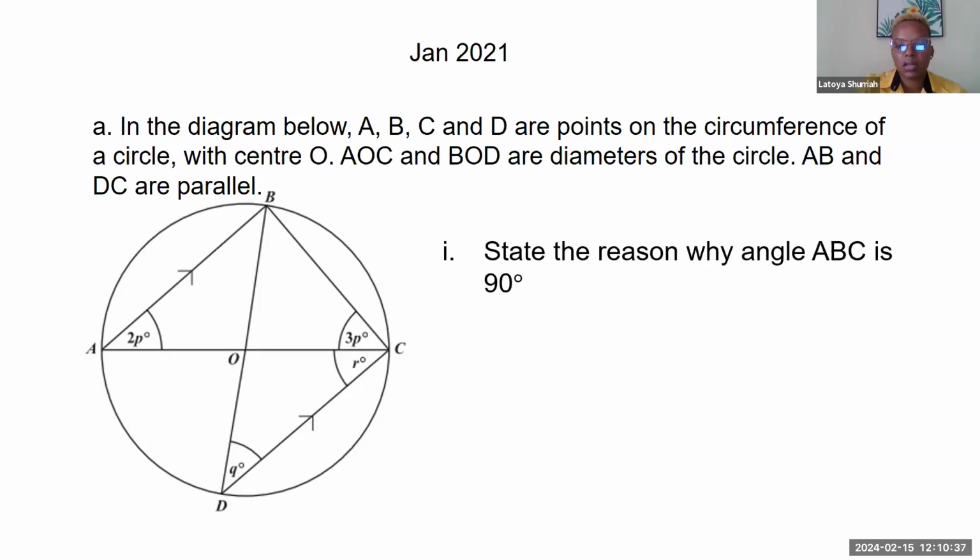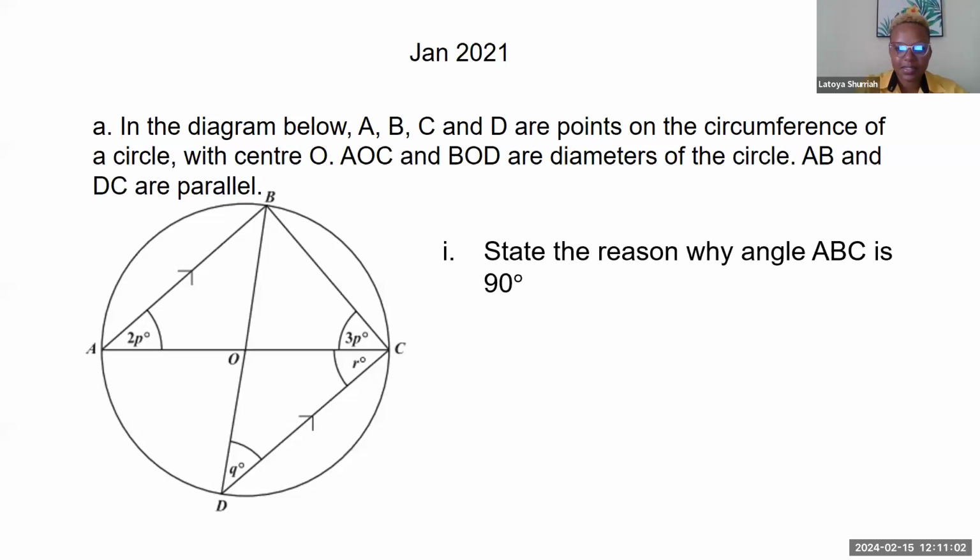First question, give me the reason why angle ABC is a 90-degree angle. Danny, I saw your hand. Go ahead, sweetheart.